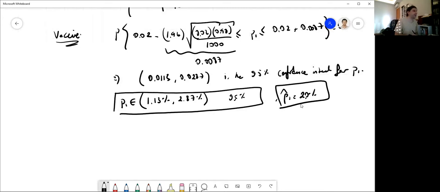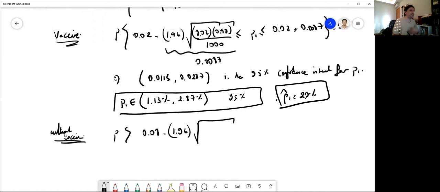So without vaccine, probability of 0.08. By the way, I just made up these numbers. It's not a video for pro-vaccine or against vaccine kind of thing. I just made up these numbers so that it's going to be interesting. 0.08, 0.92 over 1000, for P2.